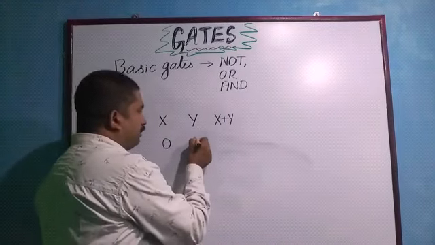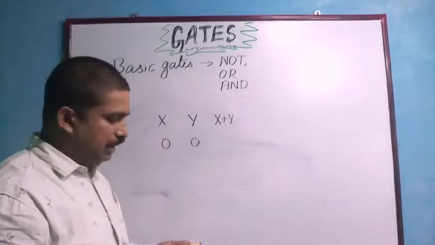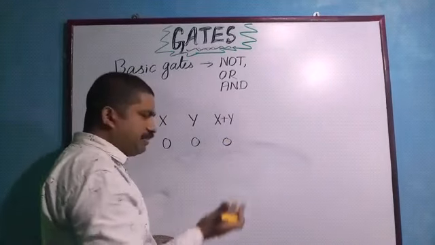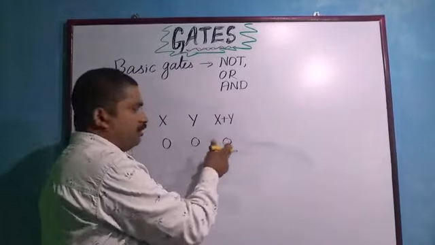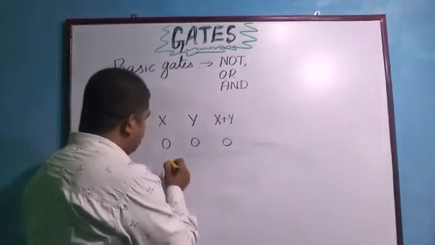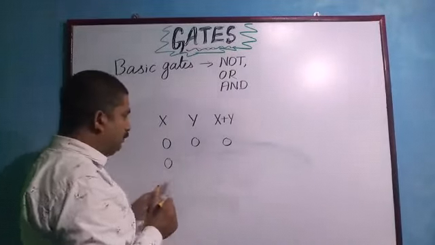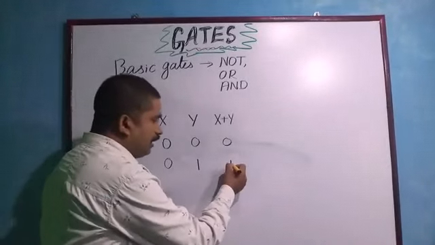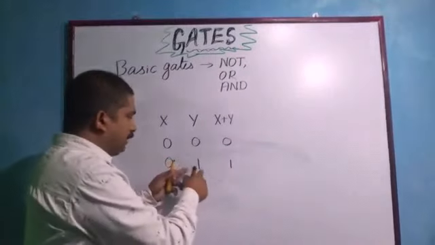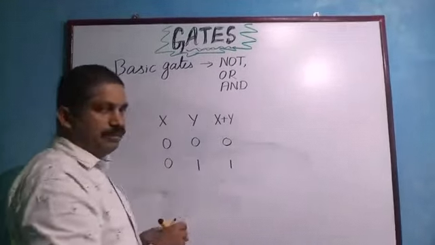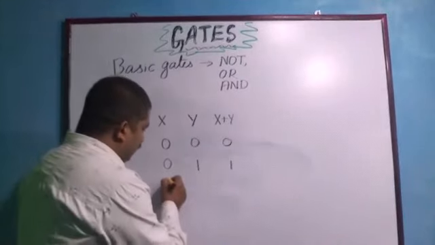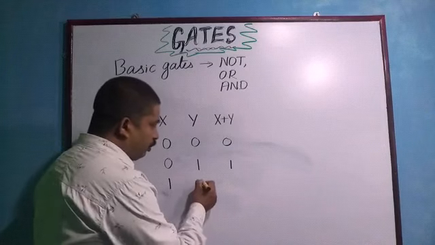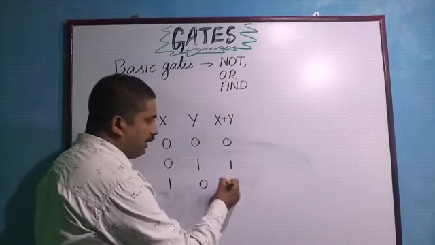Now let us take the two inputs as false or low signal. Output is always low. You can study it like this: 0 plus 0 is 0. Similarly, if one input signal is low and another is high, output is always high. One must be there. 0 plus 1 is 1. If X is high and Y is low, then output is once again high.